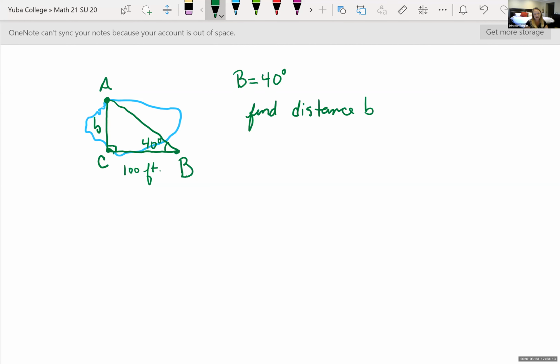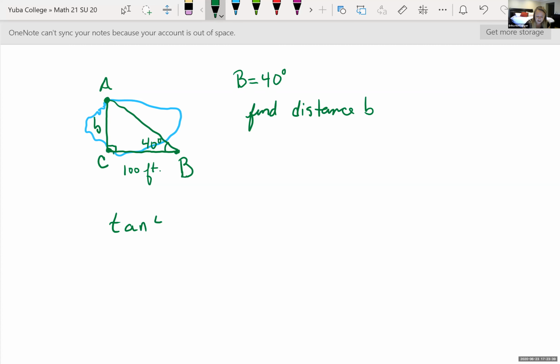We have a side that is across from it, and we have a side that is adjacent to it. Think about which trig function uses opposite and adjacent. Tangent, yeah, tangent.